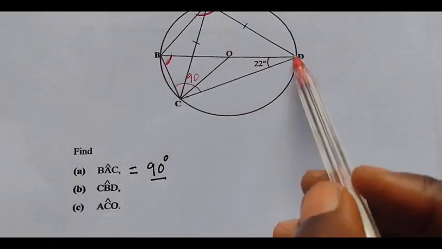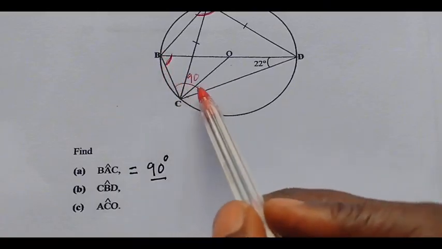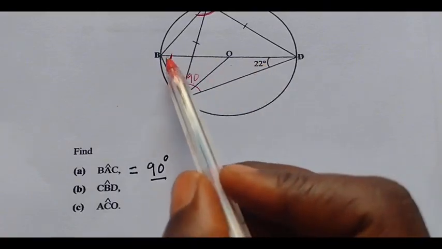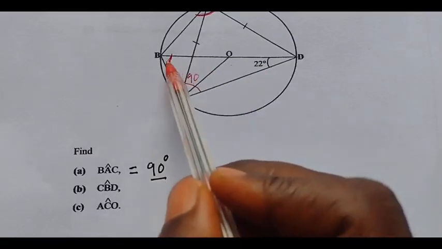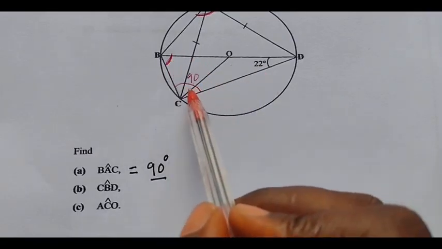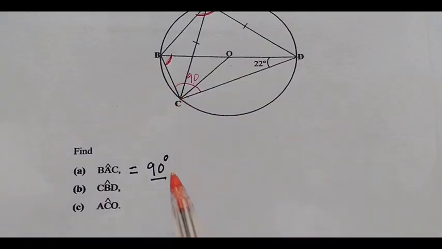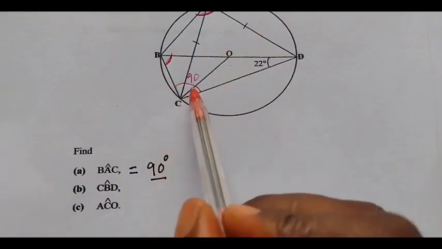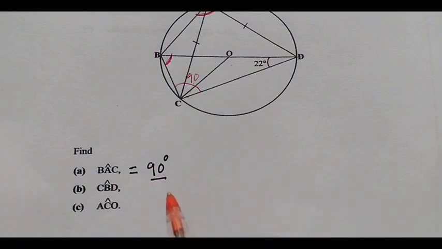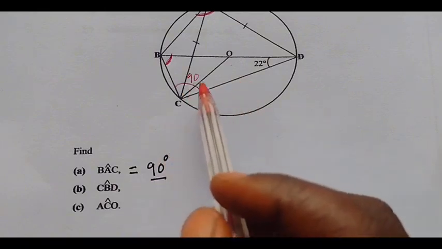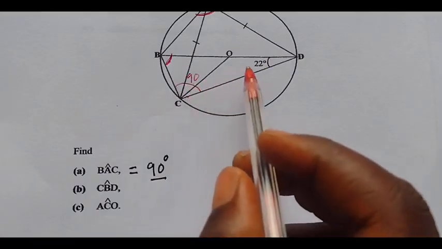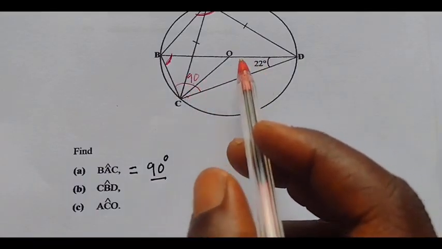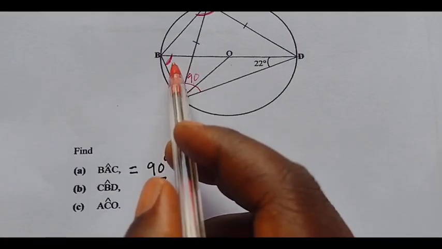If it is a right angle, you have 90, 22, then you have an angle that they want you to find right here. When you add this angle and this angle, you should have 90, since this and this should be 90. So just say 90 minus 22. The remaining angle is the angle which will be right there.